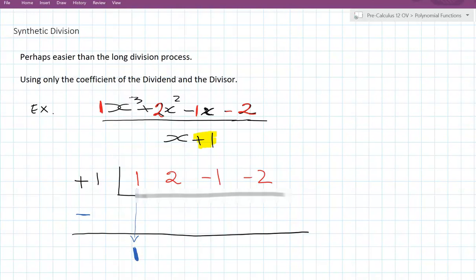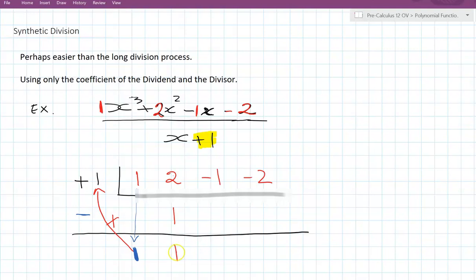That's 1. Then you multiply, so now you're going to do 1 times 1, and 1 times 1 is 1, and then we're going to put it right under 2. Now we're going to subtract. 2 minus 1 is 1. Great. Now we're going to continue again.